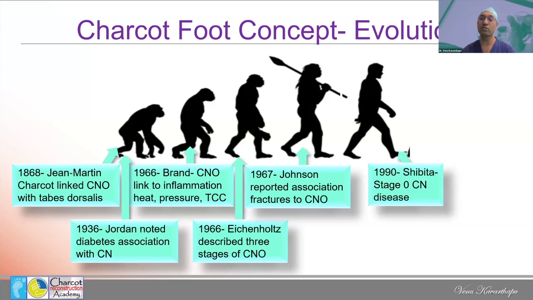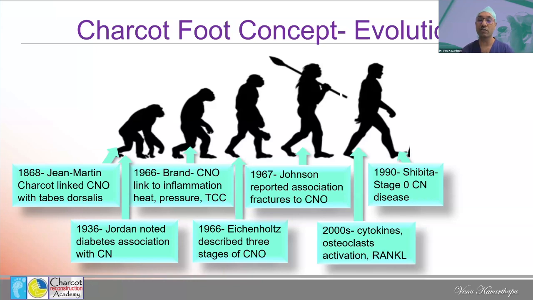We really value the contribution from Shibata in identifying stage 0 Charcot neuropathy, which has more or less revolutionized our ability to prevent major complications following an acute Charcot. And of course, on the medical side, there have been recent and significant improvements due to our better understanding of the pathomechanics, but that area hasn't really advanced as rapidly as we had hoped.